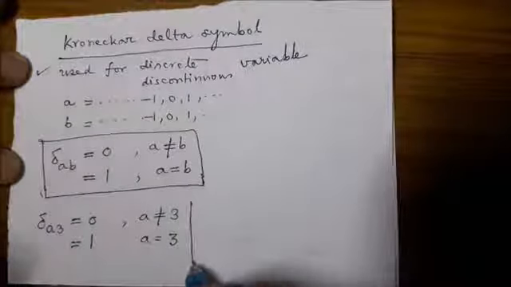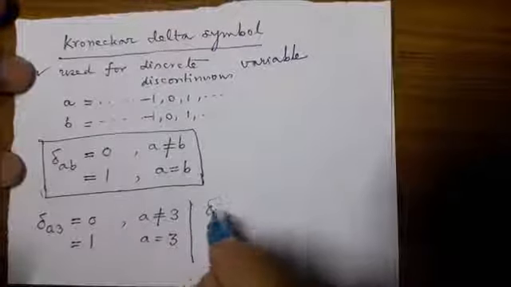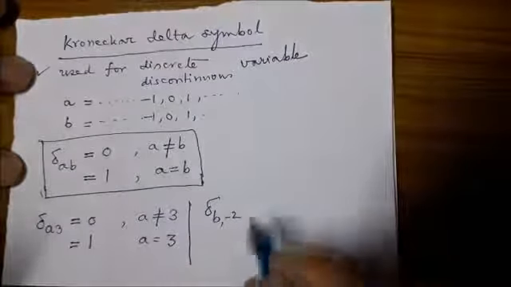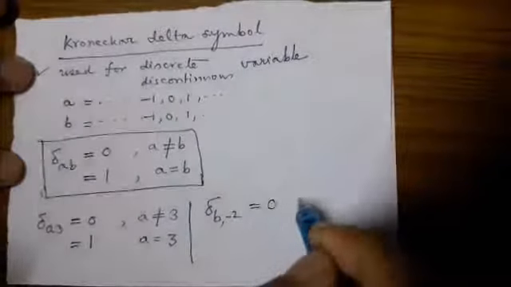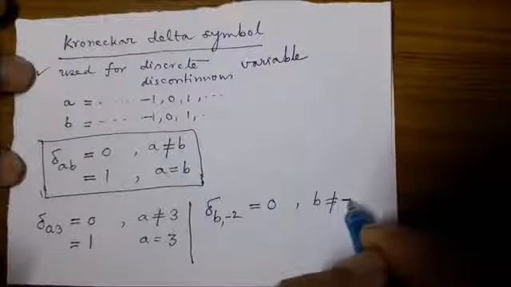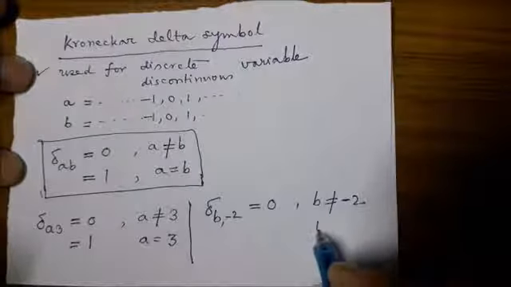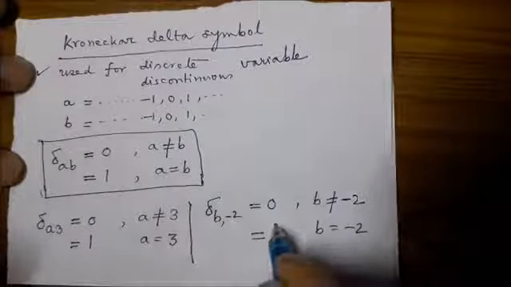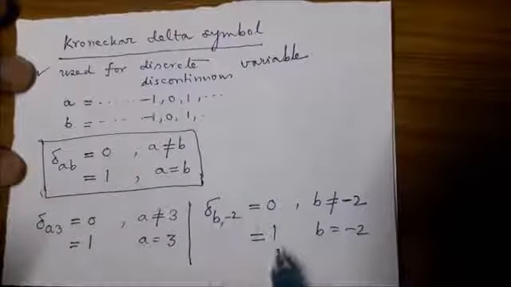Let us cite another example. Delta B, -2: this is equal to 0 if B is not equal to -2. But if B equals -2, then the value of this Kronecker delta is 1.